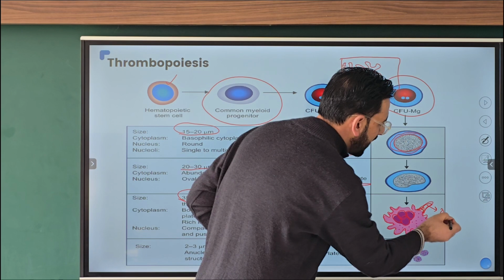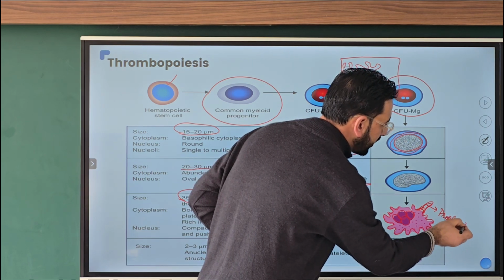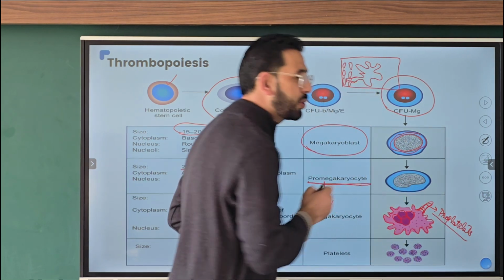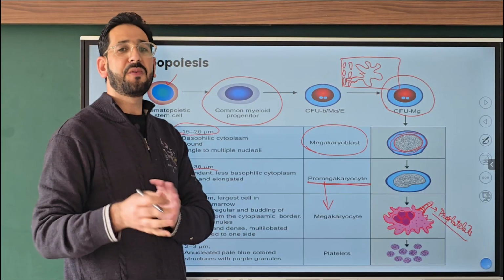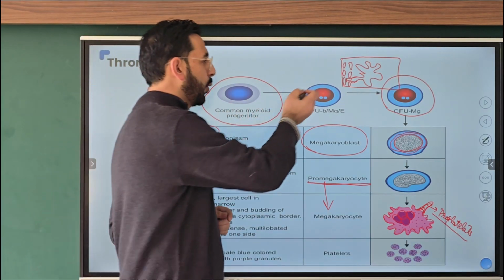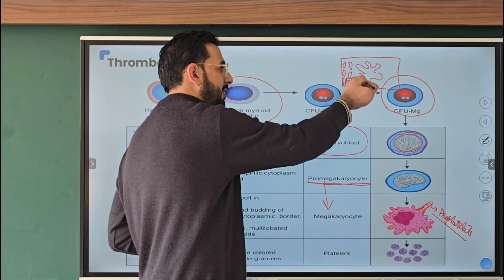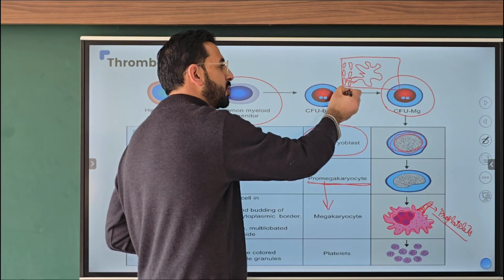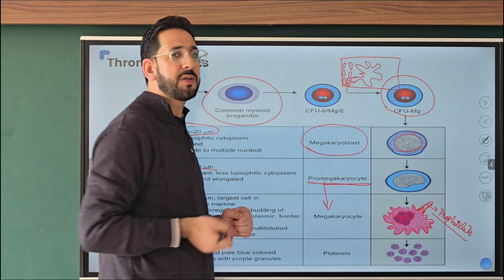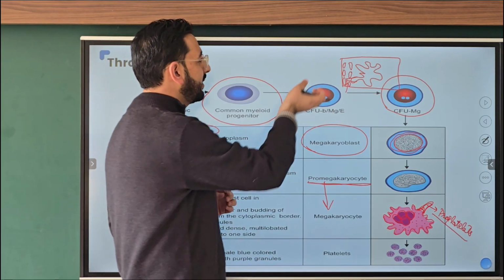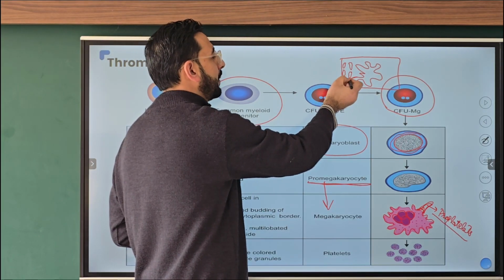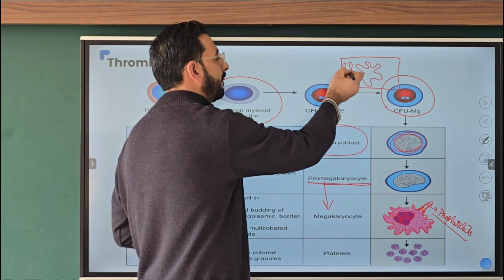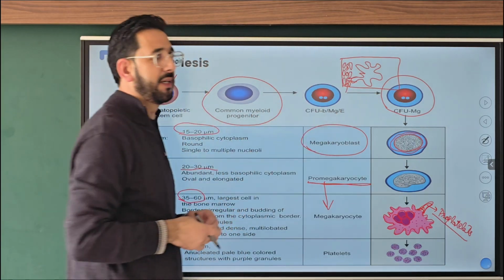So that means that these extensions are going to give rise to our platelets, the cellular fragments. Once these proplatelets go through the sinusoidal gaps in the sinusoidal capillaries, because of the force of the blood going through these capillaries, there will be budding off of these proplatelets and they will form these fragments. We call them platelets.